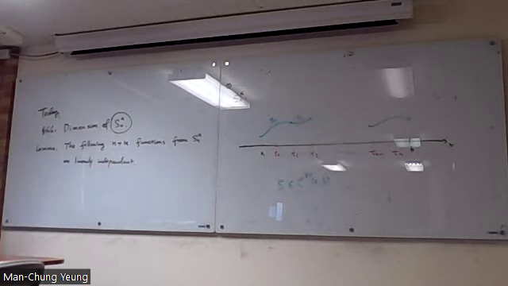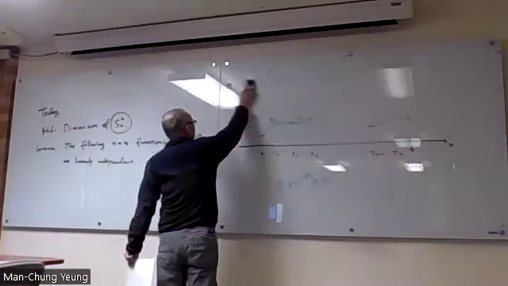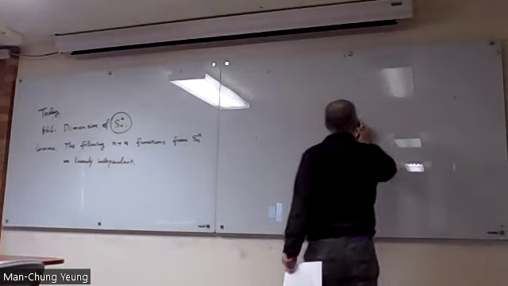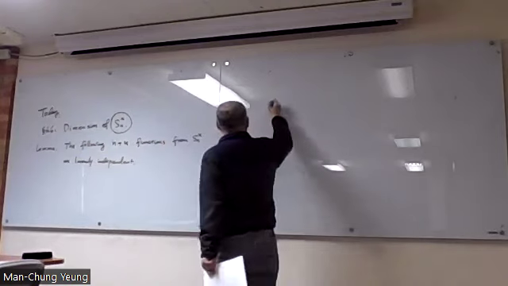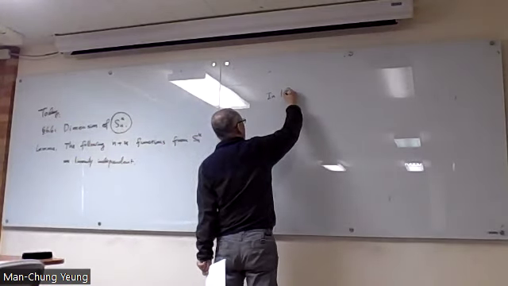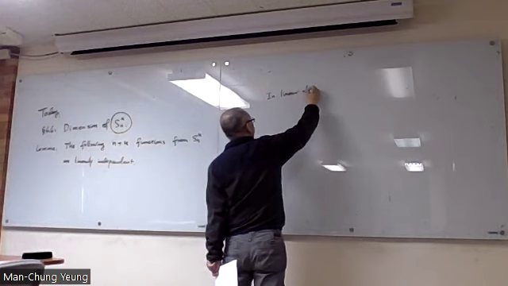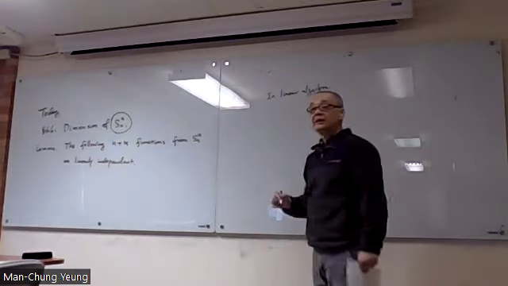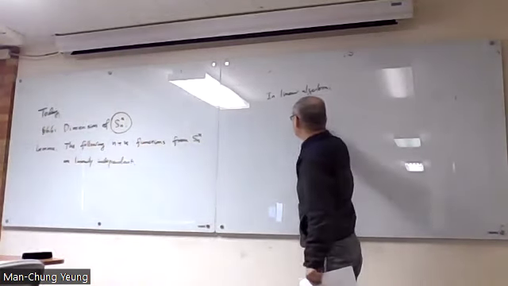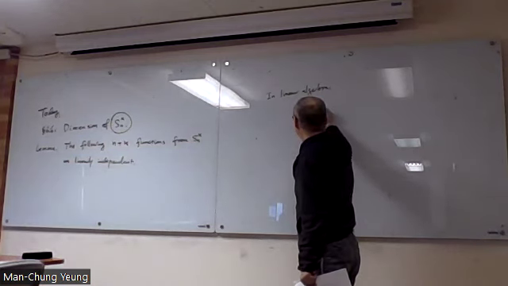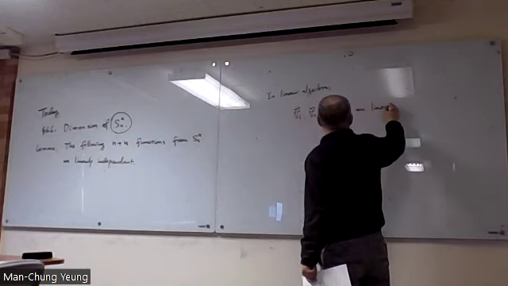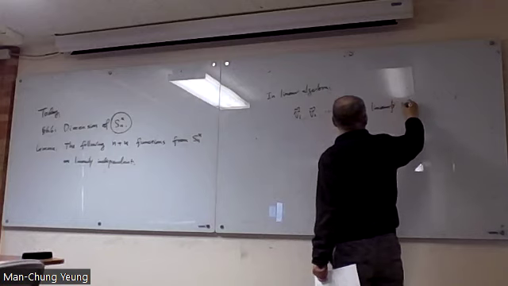What does linearly independent mean? In linear algebra, say k vectors, vector 1, vector 2, up to vector k, are linearly independent.